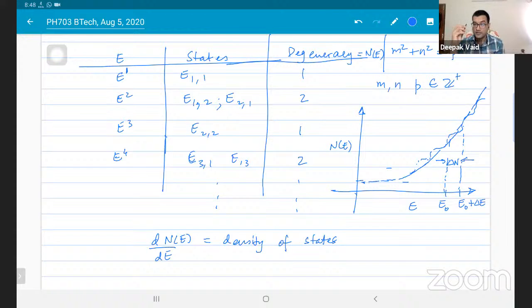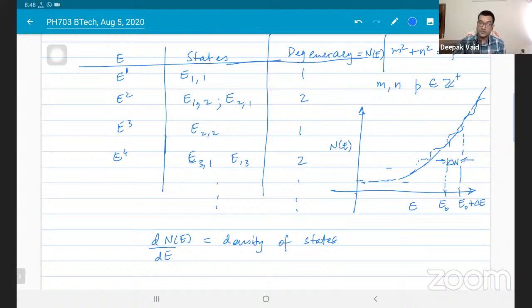But you can look at the infinite potential well in 1D also, right? There also, the energy spacing is not equal, right? But it's a discrete set. If you have to write down the density of states in 1D for a potential well, you get something that will drop, right?